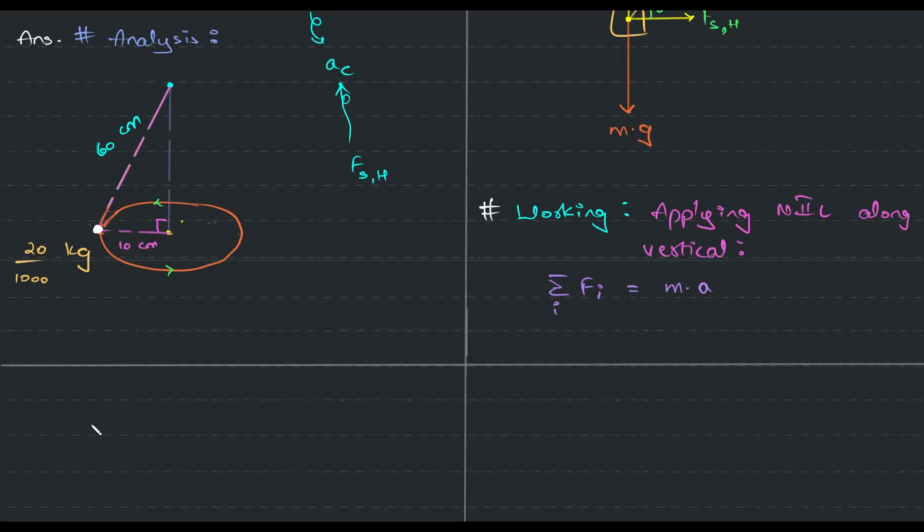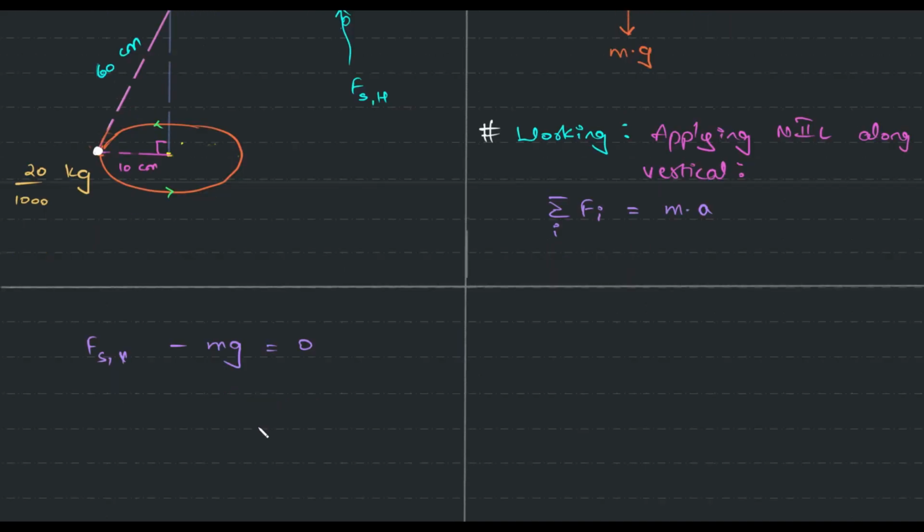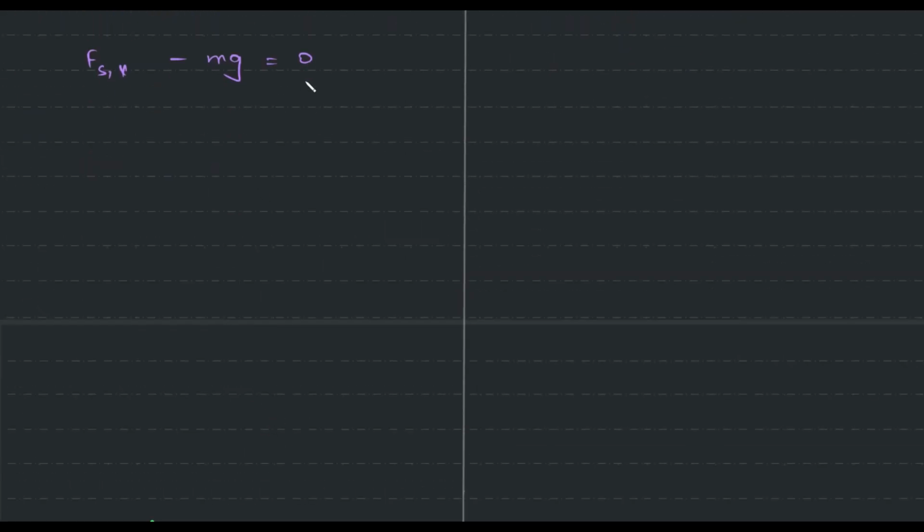Since it's not accelerating, what we have is F of s along the vertical minus m into g is equal to 0, as the object is moving in a horizontal plane, and so this is 0.